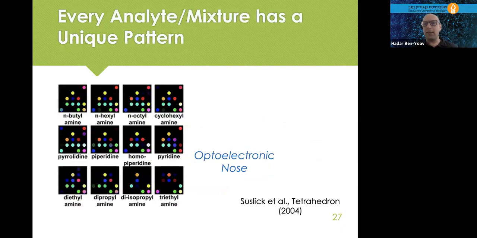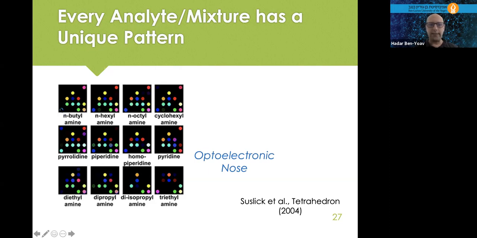So how does it actually work? I'll give an example before I go to the actual working principle. This is an example of a paper that uses optoelectronic nodes, meaning it has an array of colorimetric or optical sensors, each one with a different type of chemical inside.